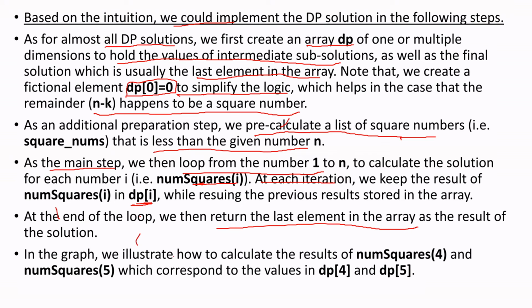To calculate the solution for each step, we will calculate num of I, and for each step, after the calculation, we will store it in dp of I, right? And in the last, we will return the last element of the array as a result of the solution, right? So this is the way we will do that.